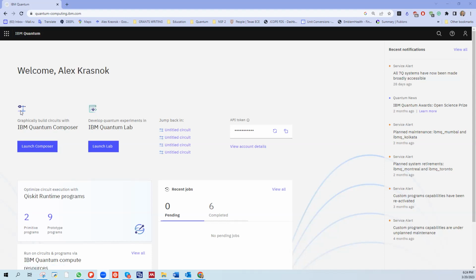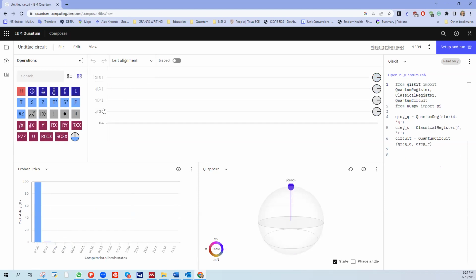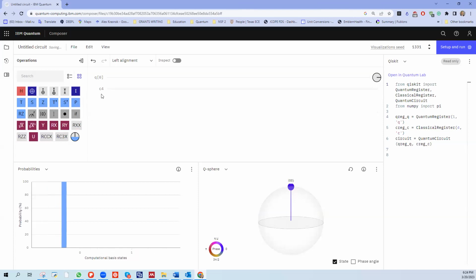So what I do here, I launch Composer. I practiced that. So let's start. Let's create a new one. We have just one qubit, so let's remove the extra ones and also leave one classical bit.